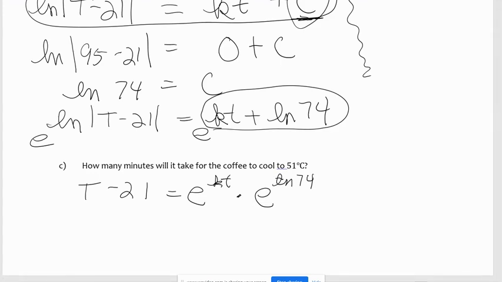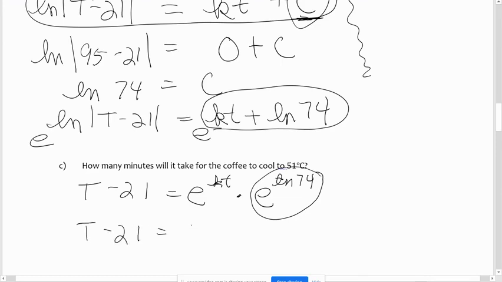Now, this part right here is just a number. It's another constant. So this would be t minus 21 equals e to the kt, and e to the ln of 74 is just 74 by property of exponents.